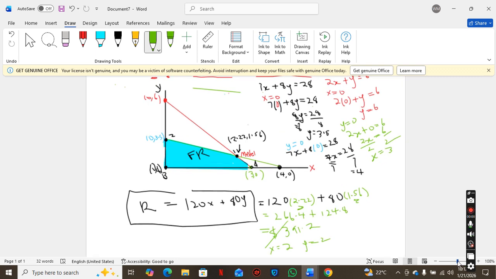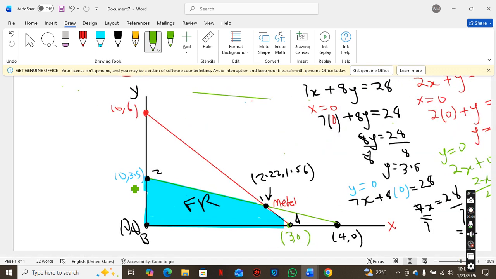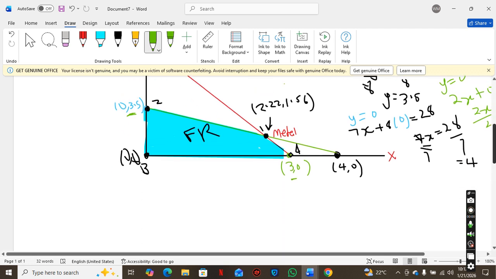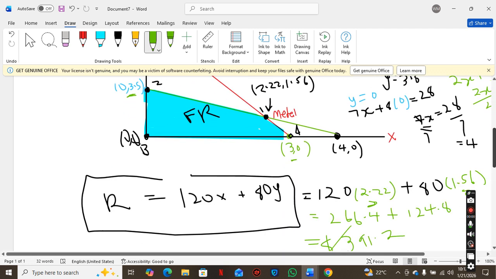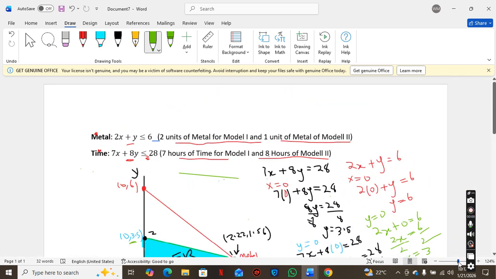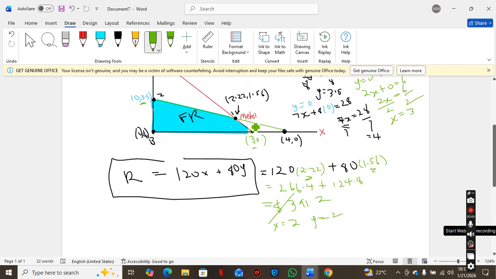So, as I said, naturally you have to test all these points. This 0 and 3.5 here, 0, 0 and 3, 0. But you'll find that all of them, the revenue will be less than this intersection point. Or maybe let me just illustrate for you so that we grasp the full concept.